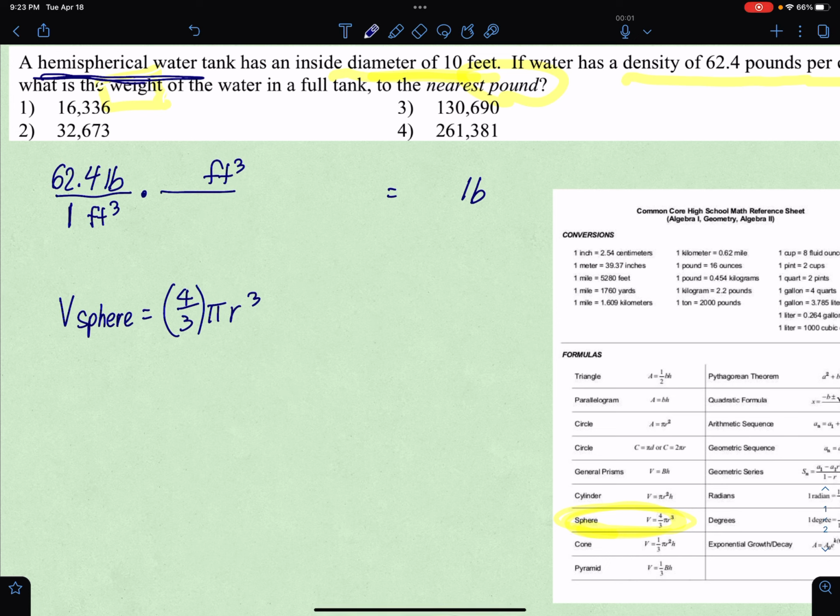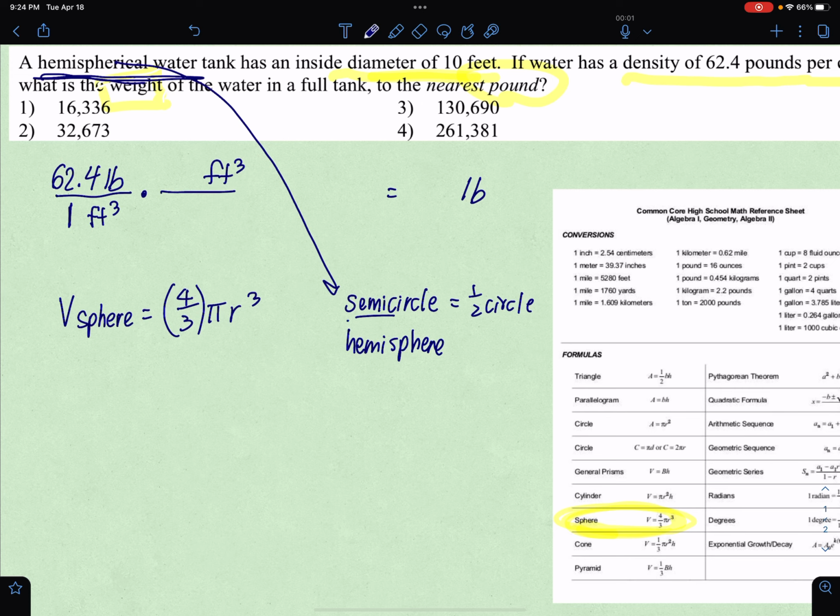So fraction goes in parentheses. Now, what is a hemisphere? Well, we know that a semicircle means half a circle. And so what would a hemisphere be? Well, just like semicircle, hemisphere means half a sphere.